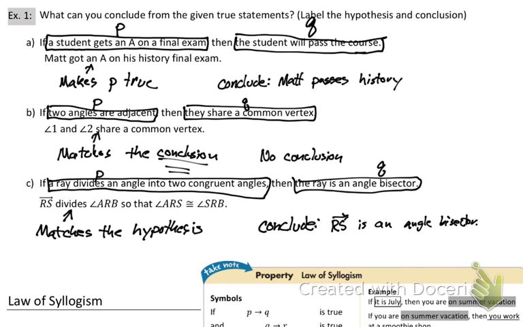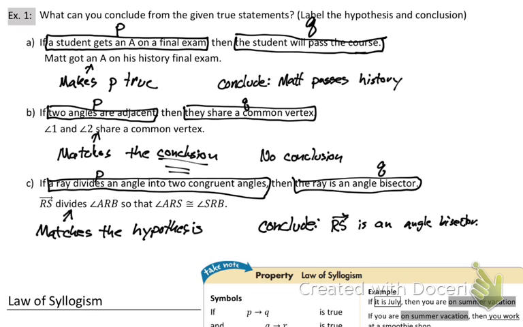All right, law of detachment one more time. Law of detachment says, if you have an if-then statement, and then something happens to make the hypothesis true, it leads to the conclusion also being true. So if you read the statement, if a student gets an A on a final, then the student will pass the course. This is just a hypothetical if-then statement.